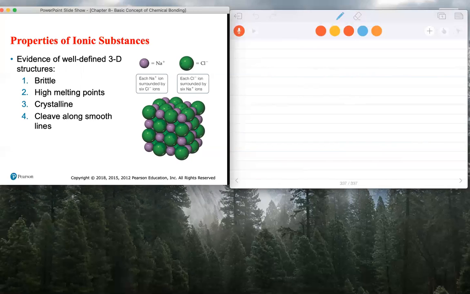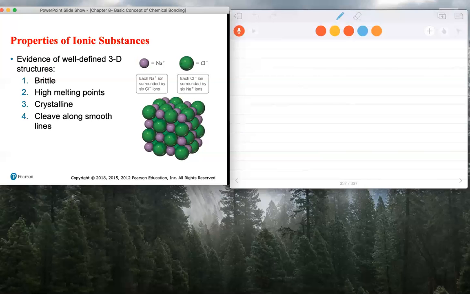They are brittle, all right? You know what brittle means? That it can easily shatter into pieces. If we use a hammer, for example, maybe you have experienced this, if you crush a crystal of table salt, it will shatter into powder, or split into two.